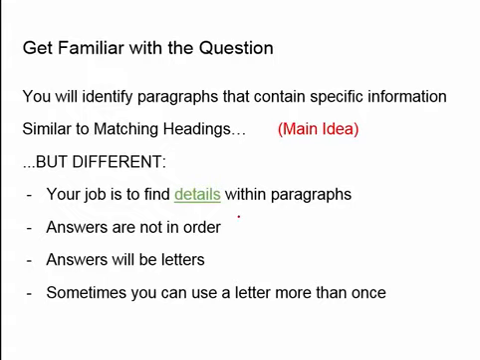Sometimes you can use a letter more than once, as we said, so one paragraph may contain more than one answer choice. The answer for number 1 could come from paragraph A, and the answer choice for number 2 could also come from paragraph A. You just need to follow the directions. If you cannot use an answer choice more than once, they will tell you that.